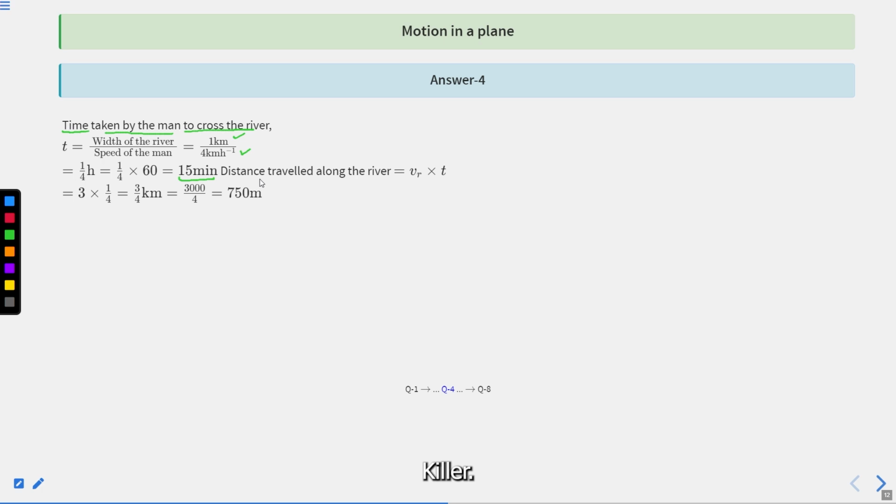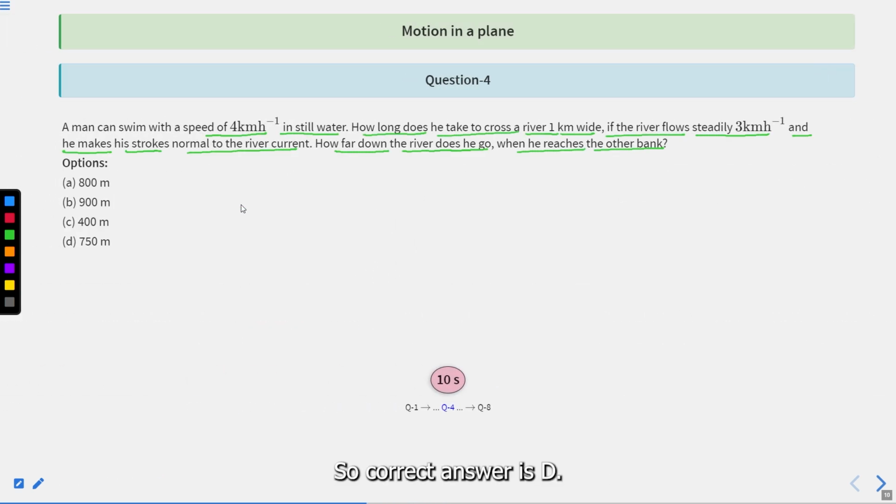Clear? And distance traveled along the river is Vr into T. So putting in the numerical values, the answer will be 750 meter. Clear? So the correct answer is D.